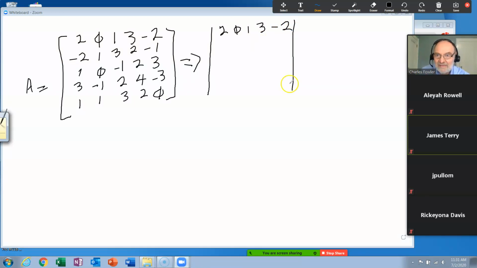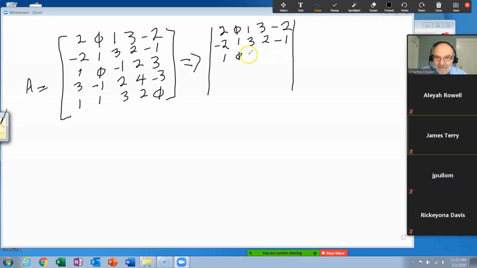Okay. Now, the second row we're using, so we write that down just as it is. -2, 1, 3, 2, -1. All right. Third row already has a 0 where we want it, so we leave that alone. 1, 0.